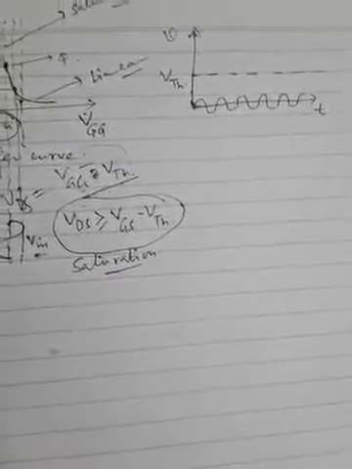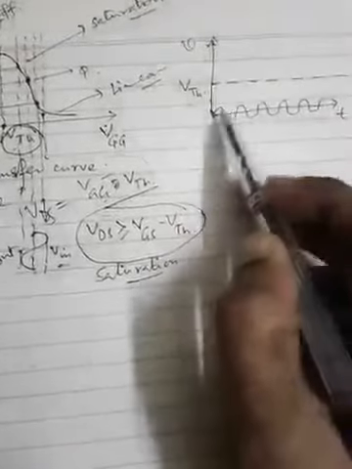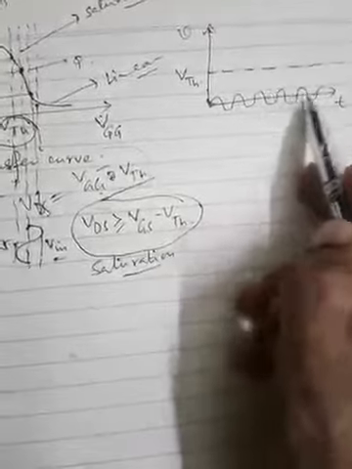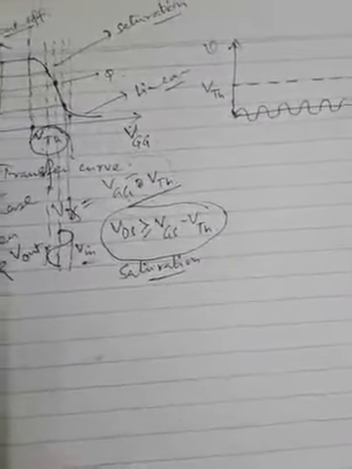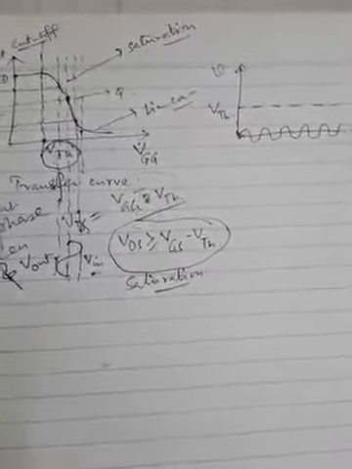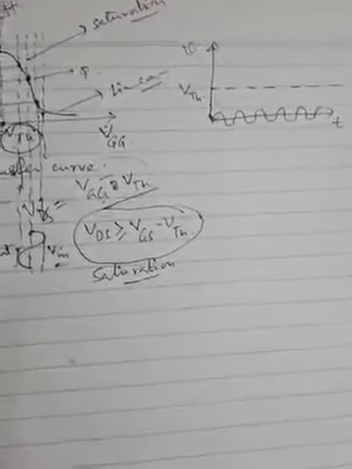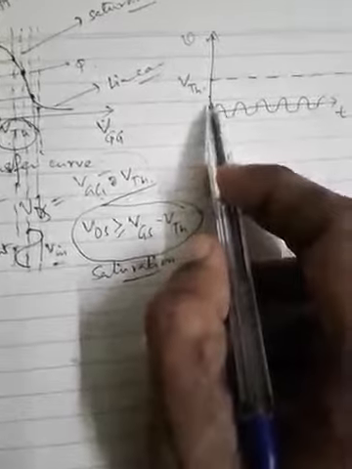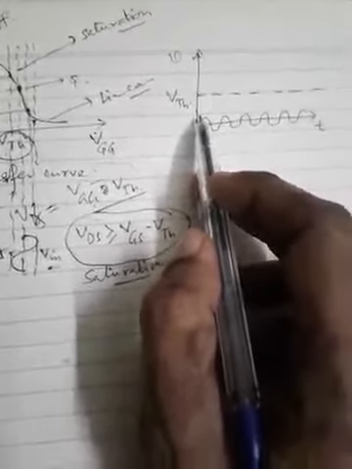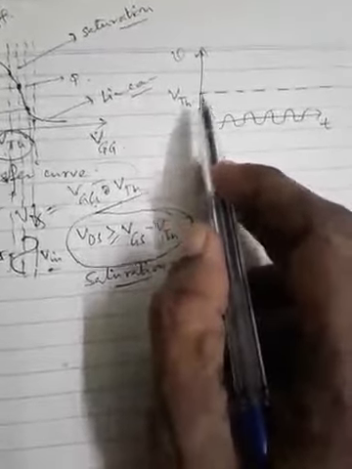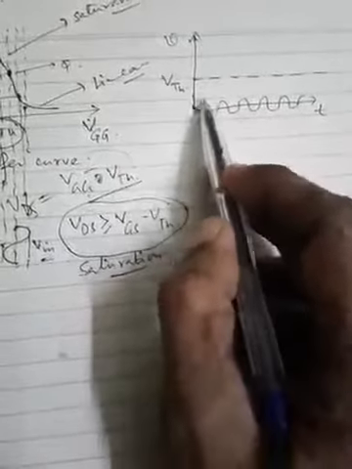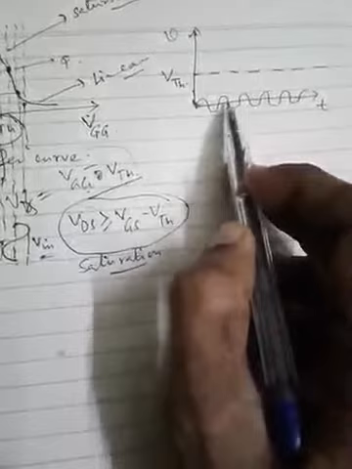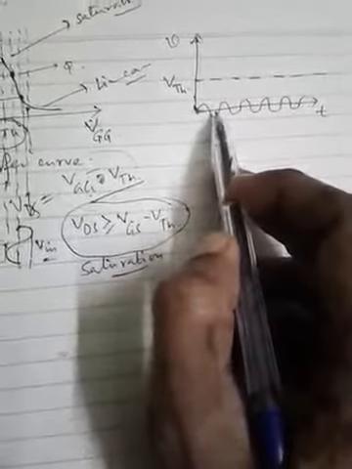Now if we set our DC operating condition along this time axis, and over and above it the input voltage Vi, which is the small signal voltage that needs to be amplified, is superimposed, then the MOSFET will not conduct at all. And if the MOSFET does not conduct, there will not be any amplification, because the signal has been applied on a DC condition which is much less than the threshold voltage.